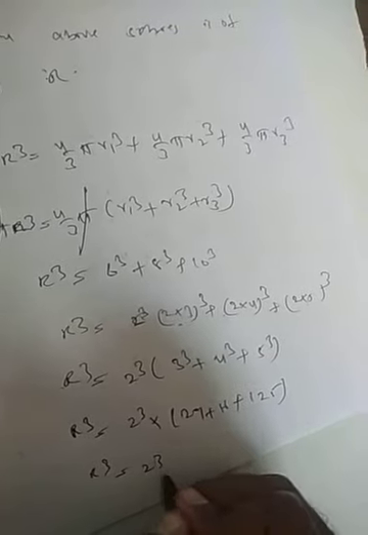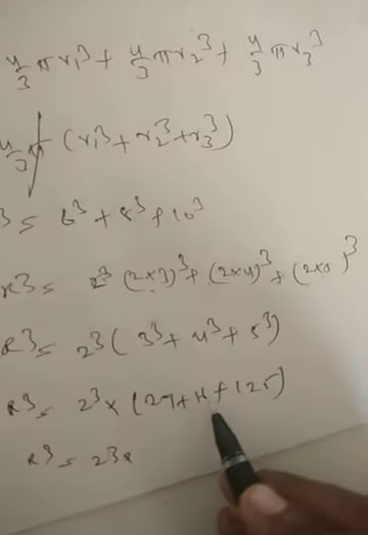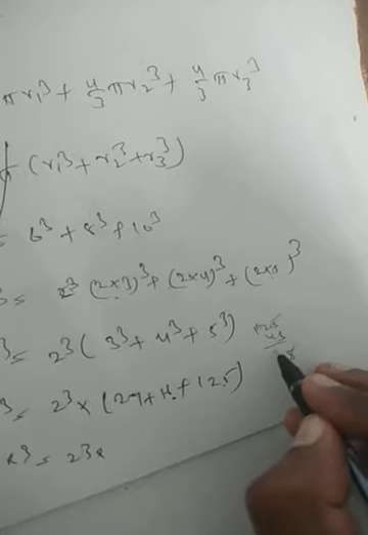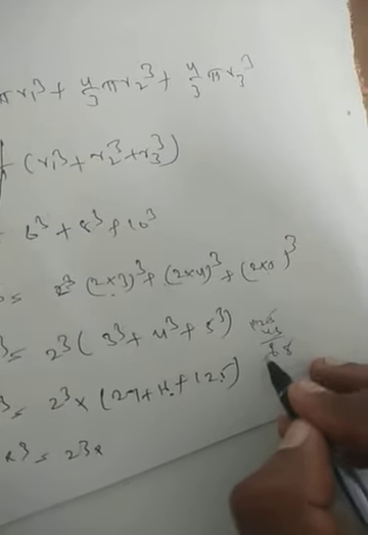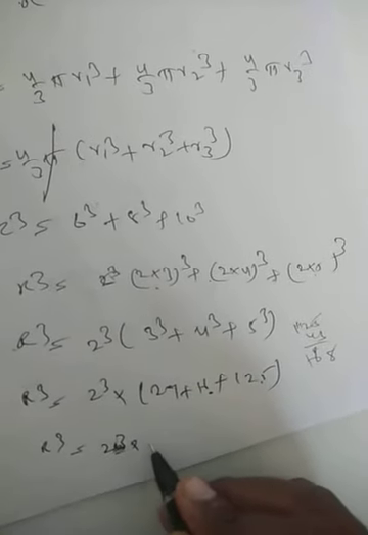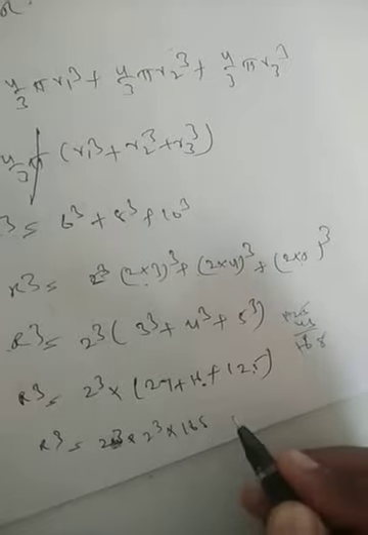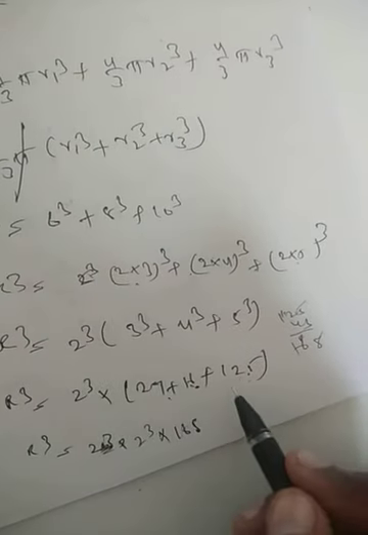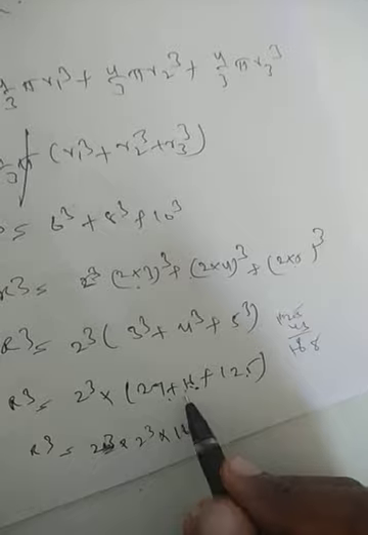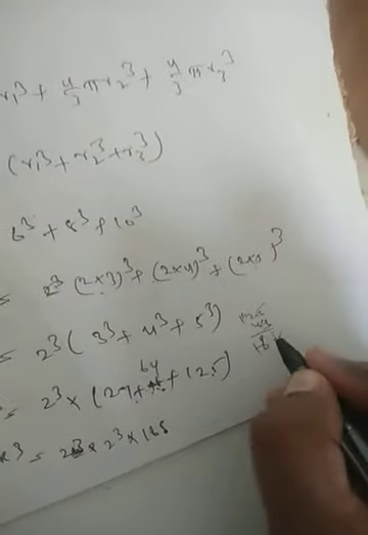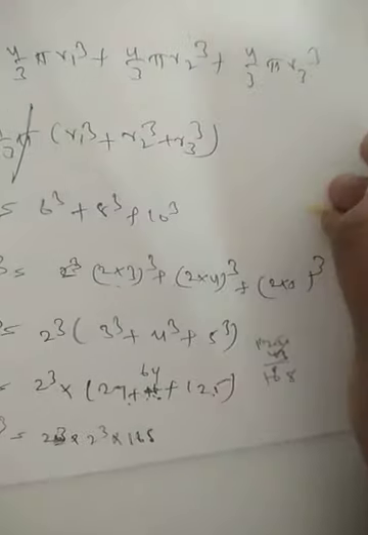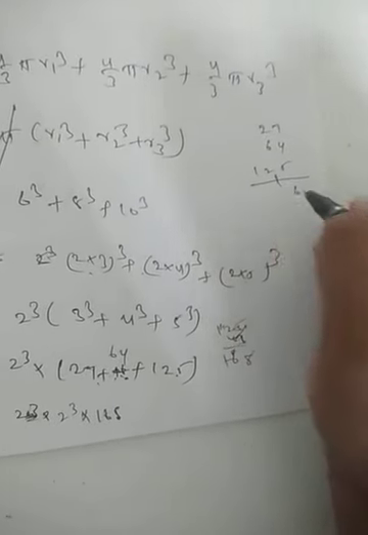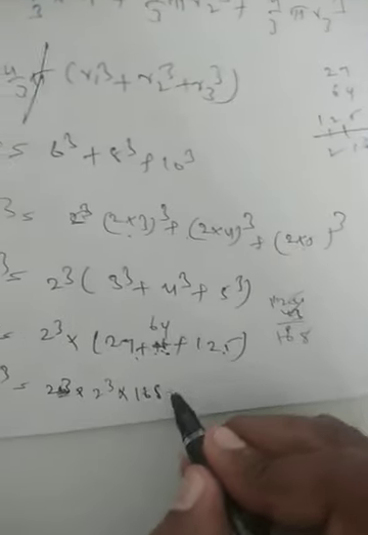Sorry, it is not 16 here, it is 64. So now 27 plus 64 plus 125 is 216.